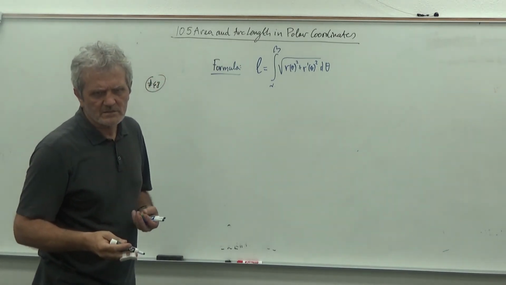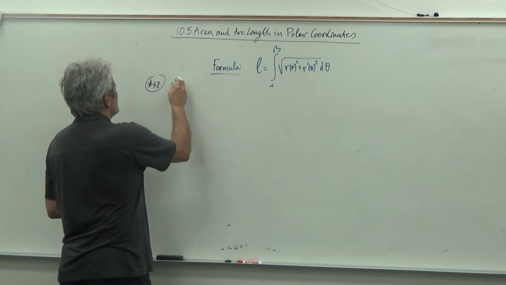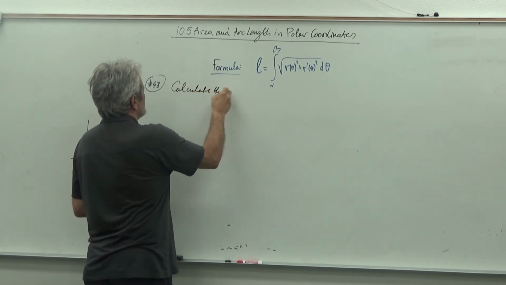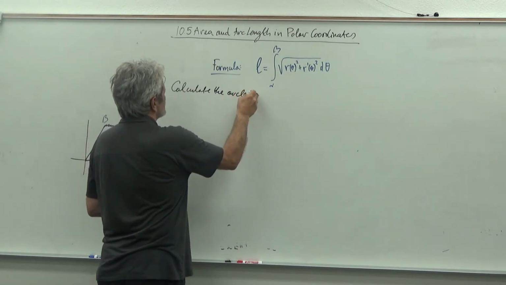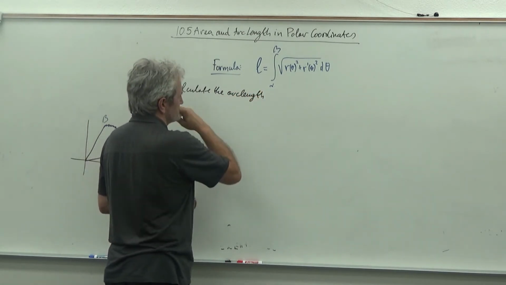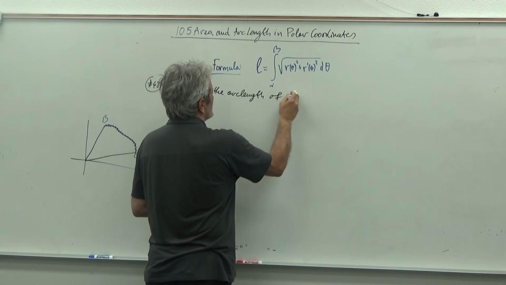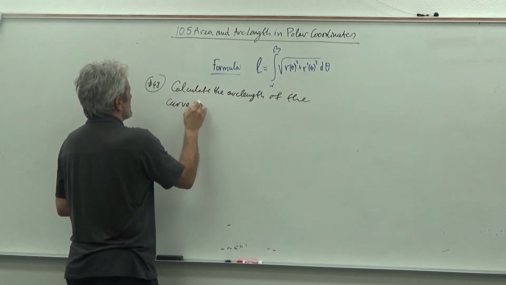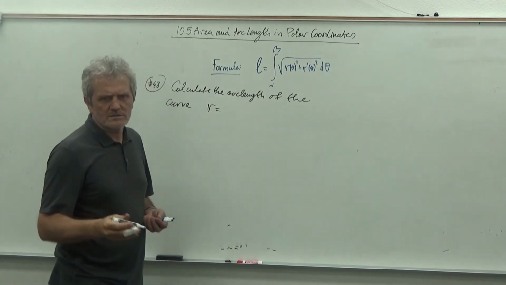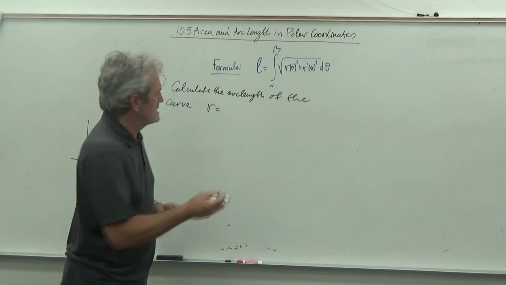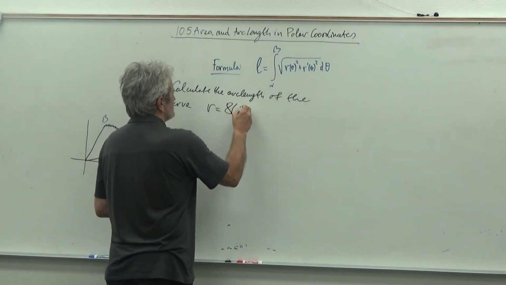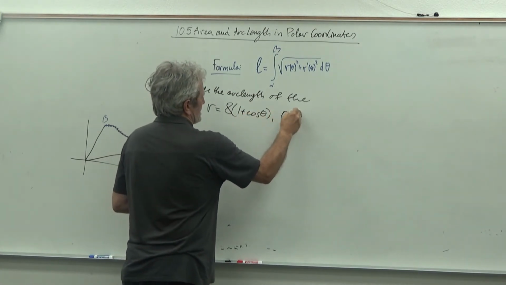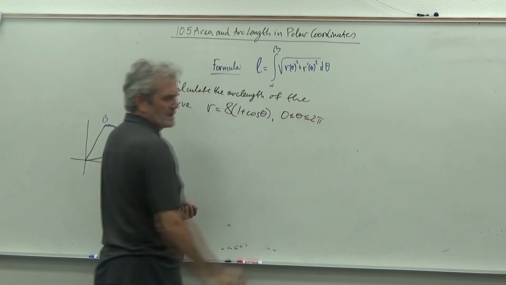And we are asked to calculate the arc length of the curve r equals a times 1 plus cosine theta, where 0 is less than or equal to theta is less than or equal to pi.